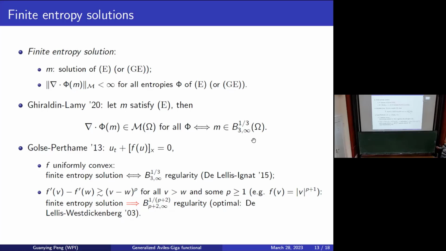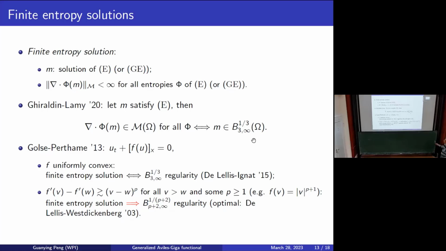So in the case when p equals 1, so these functions are strictly convex. So this regularity is exactly the one with the index 1/3. However, for p strictly greater than 1, such functions may have degenerate convexity, as demonstrated in this example. So here we have f of v equal to the absolute value of v to the power p plus 1.